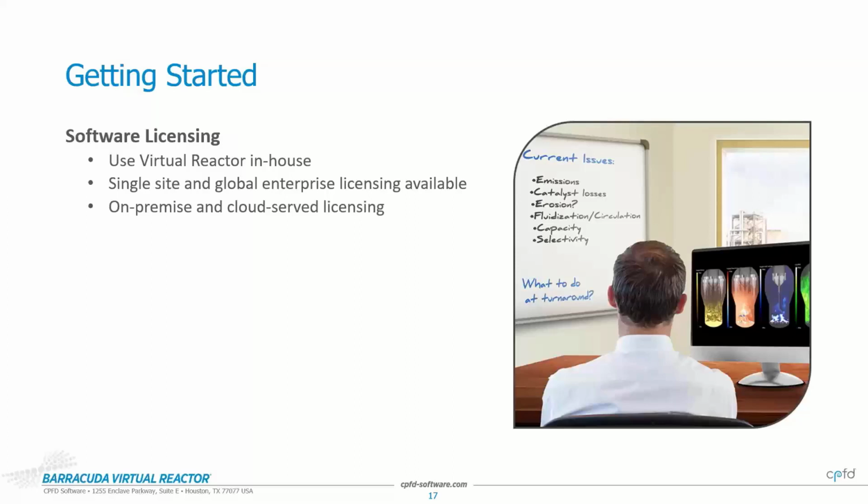Typically that has been single site licensing, but in recent years we've seen prevalence of global teams that partner together, and so our global enterprise licensing is also available in many countries around the world. So talk to us about licensing options. As Sam said, those licenses can be served both on-premise on your own hardware or cloud served, which opens the door for you to use both your own hardware and cloud computing resources.